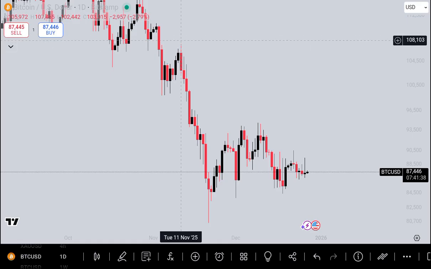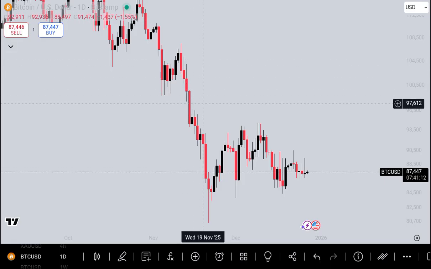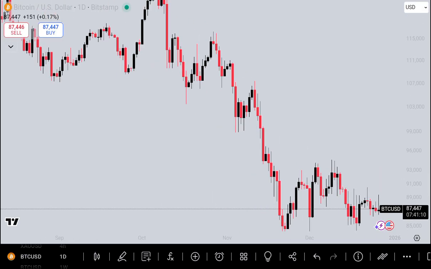You can see price continuously printing these bearish candles, day after day. Now, for you to get in on this market, you have to find the continuation sellers. If not, you're just going to be buying in this selling market.